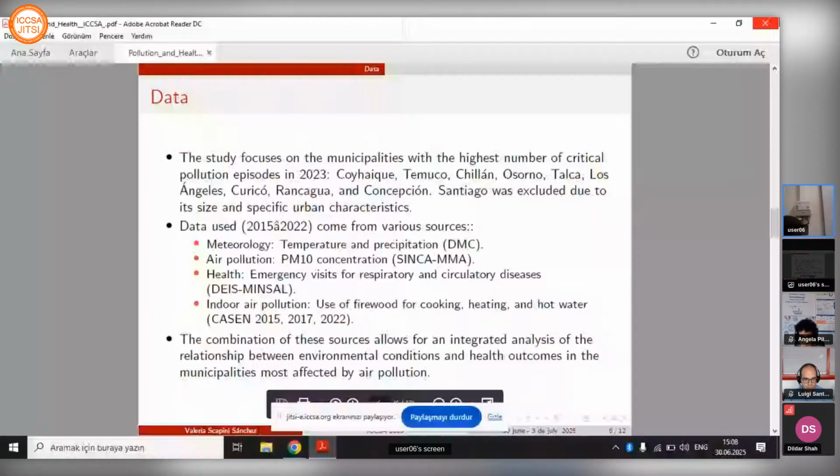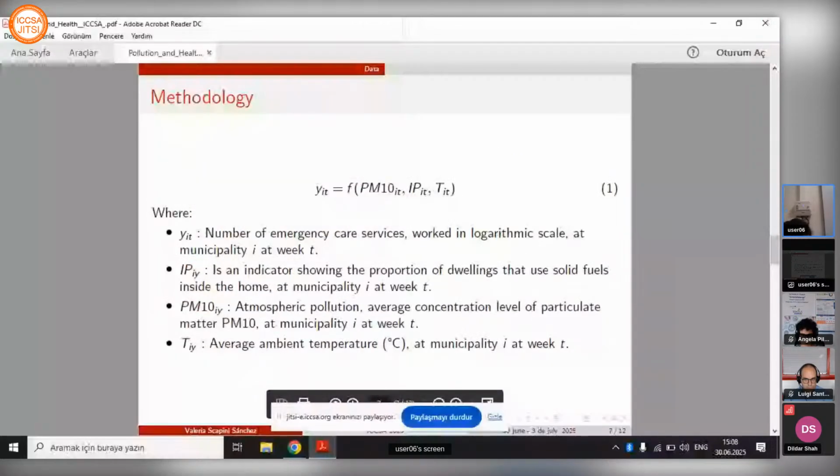This is the model, a linear regression model. The dependent variable is the health visits, and the independent variables are pollution, indoor pollution, if you use or do not use solid fuels, and temperature. The explained variable is the number of emergency care visits in logarithm.